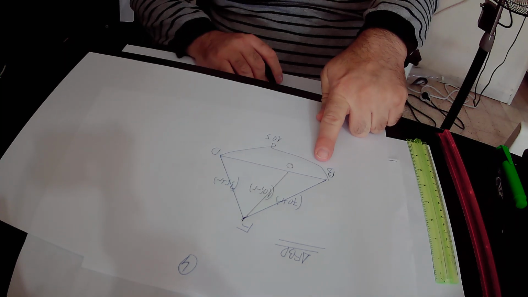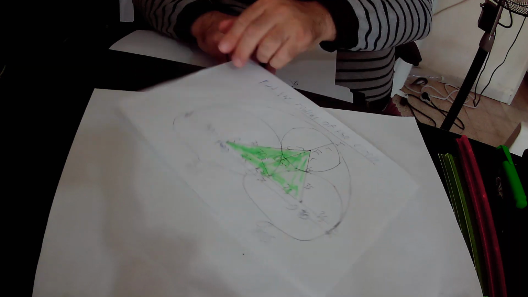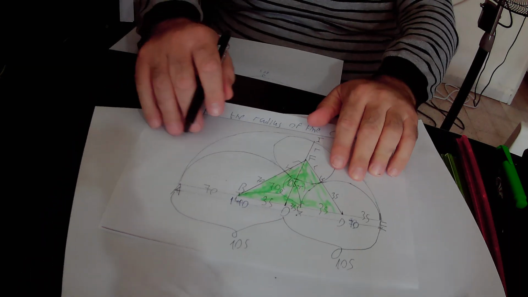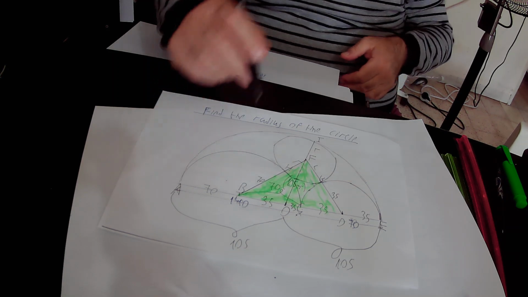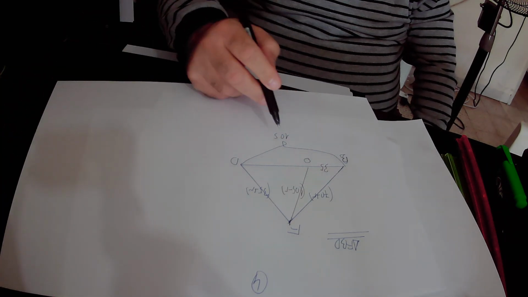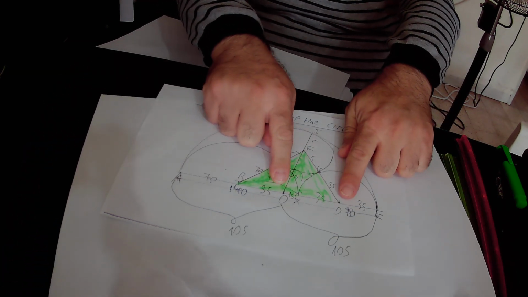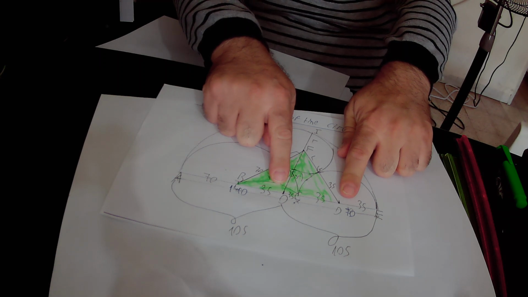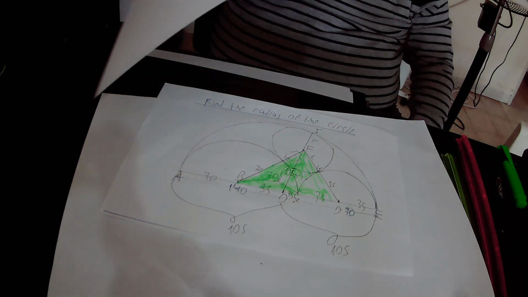What is the length of line segment BO? From the drawing, it is very easy to see that BO equals 35 units. And what is the length of line segment OD? From the drawing, it is very easy to see that OD equals 35 plus 35, or OD equals OC plus CD. OC is 35 and CD is 35. Therefore, OD equals 70 units.